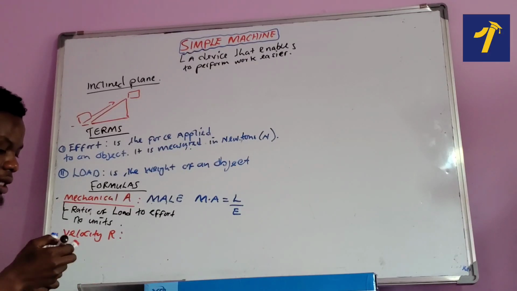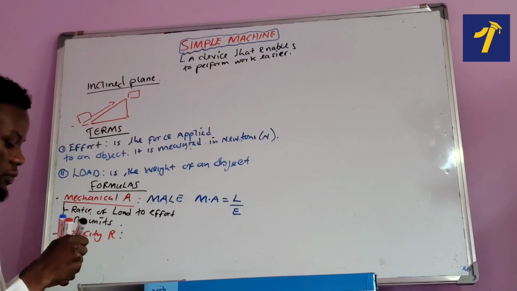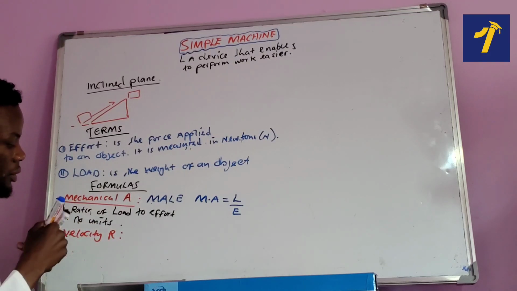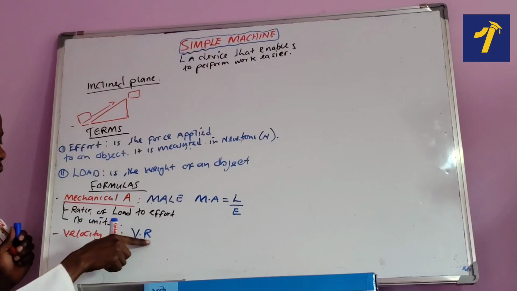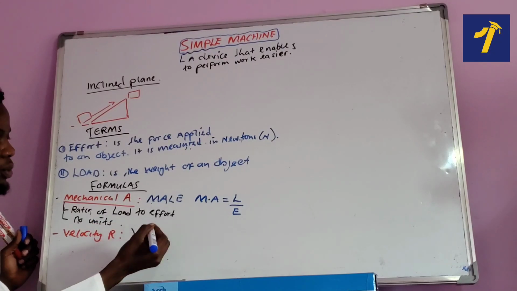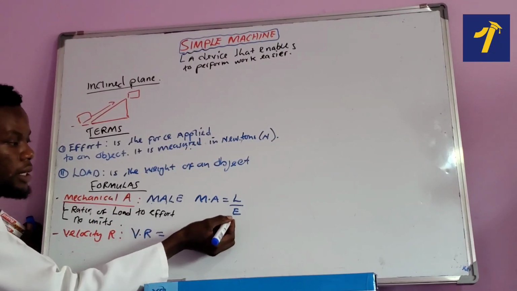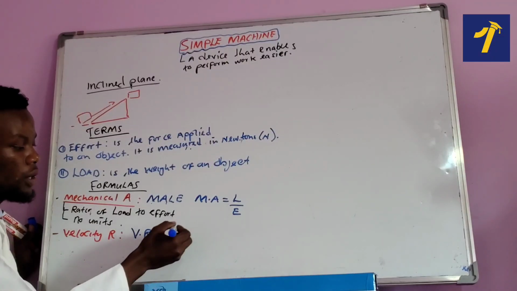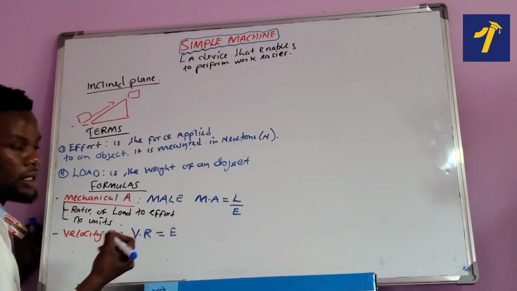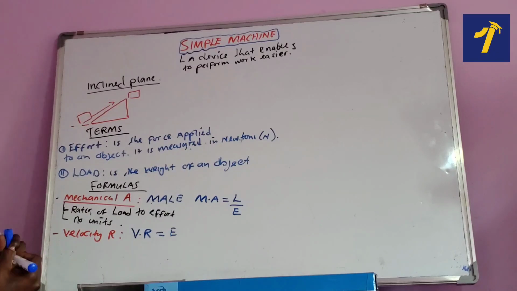So let us use blue. Velocity ratio, which is VR, equals, now if you look at here, effort is below as a denominator. Here the effort will be the numerator.